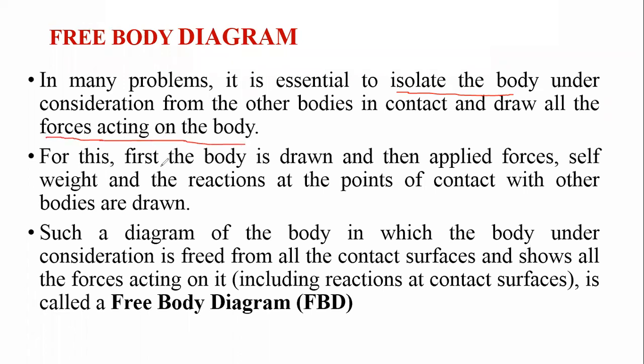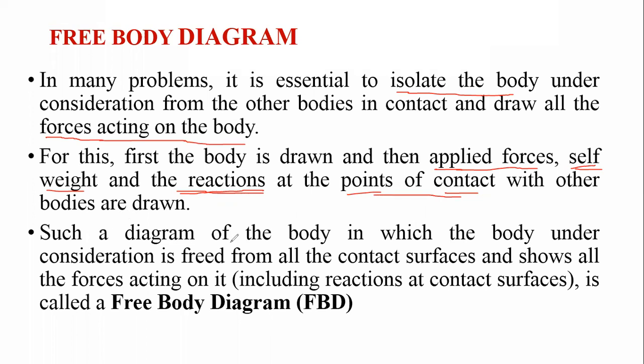For this, the body is drawn first, and then the applied force, the self weight, and the reactions. What we have to show over the body are the applied force, self weight, and the reactions acting over that particular body at the point of contact, the reactions at the point of contact with other bodies.